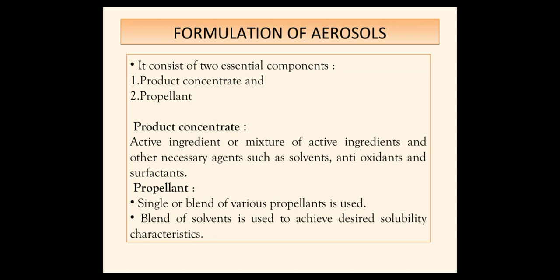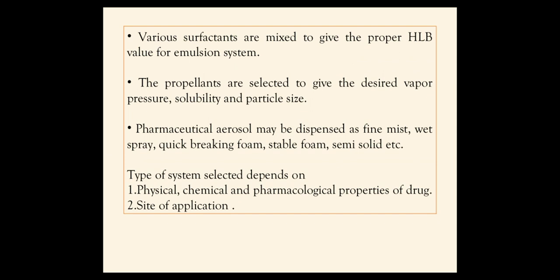If we are not going to get that specific pressure with a single propellant, we have to use a blend of propellants. A blend of solvents is used to achieve the desired solubility characteristics of the drug. Various surfactants are mixed to give the proper HLB value for the emulsion system. The propellants are selected to give the desired vapor pressure, solubility and particle size.